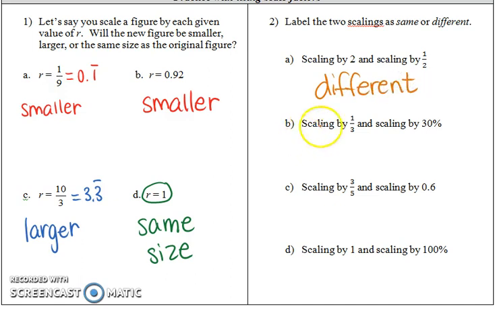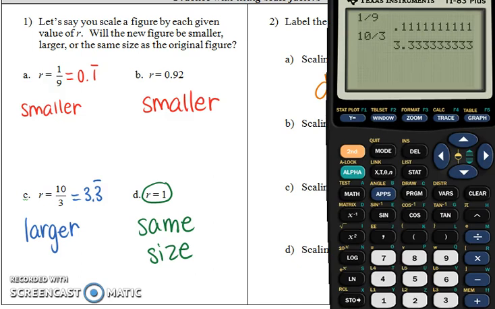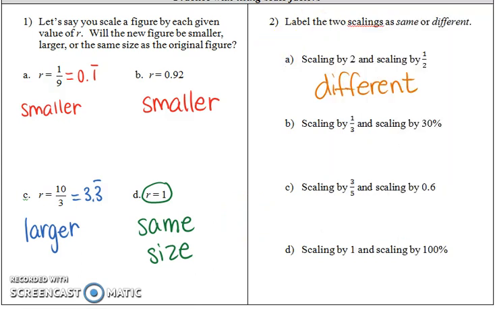The next says scaling by 1/3 and scaling by 30%. This one might be a little tricky. Let's see what 1/3 is represented as a decimal. So I'm going to do 1 divided by 3. So moving the decimal over 2 places, 1/3 is actually 33.3 repeating percent.